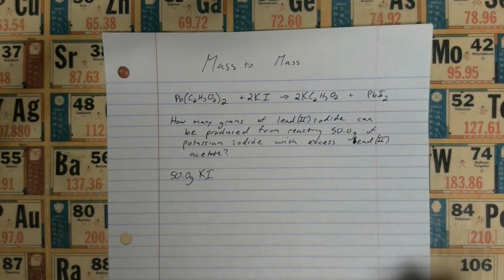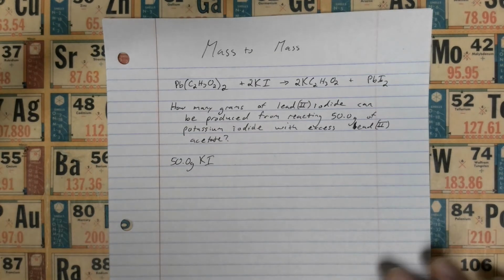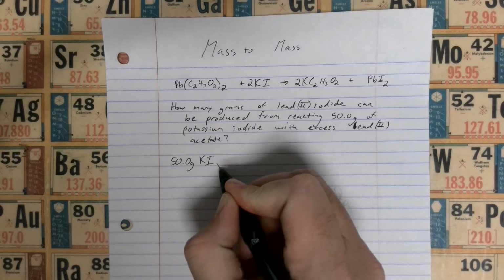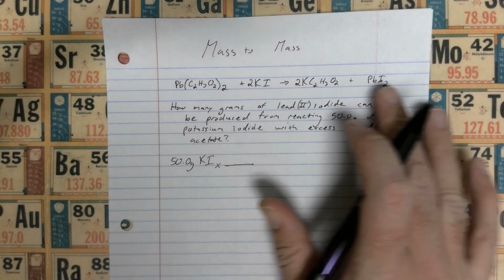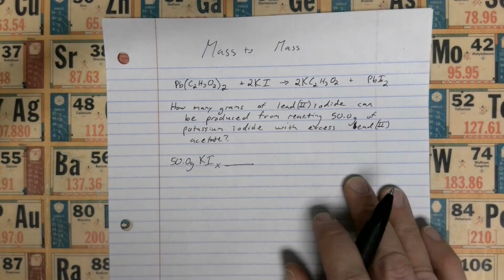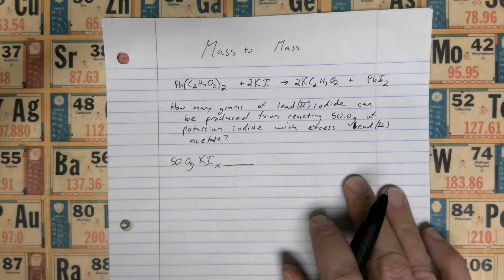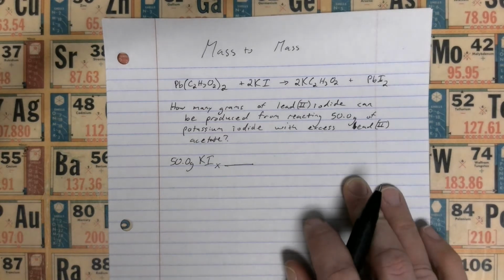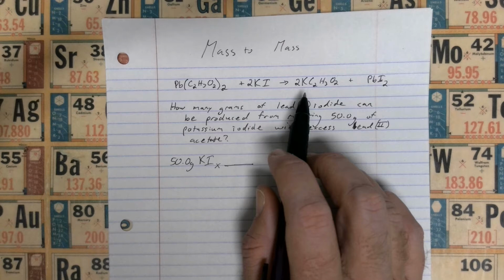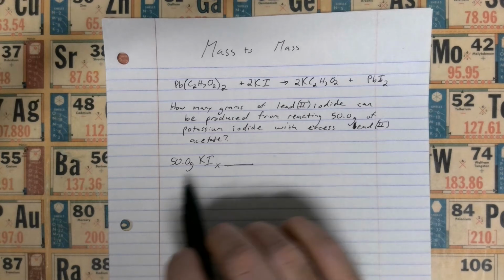So you write that down, and then the first step is always to make sure you balance the equation. If you don't have a balanced equation, then you can't really do stoichiometry. So balance the equation. Then you write the given.